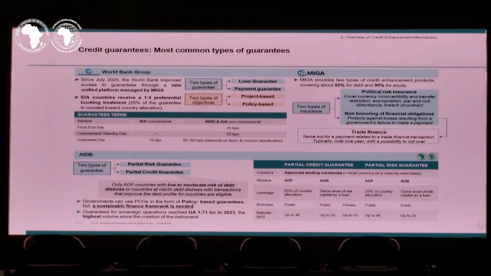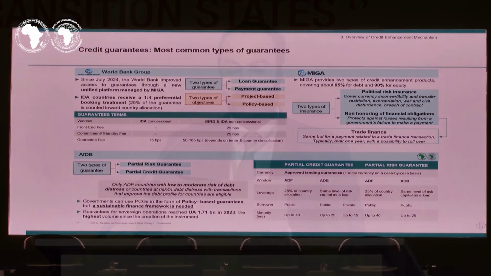Since July last year, they have improved the way countries can access guarantees by having a unified platform. This unified platform is held at MIGA, and provides the types of guarantees I was mentioning in the previous slide.